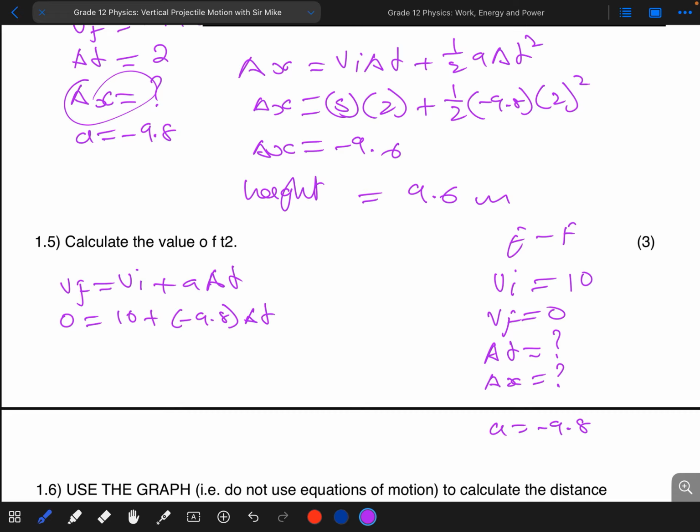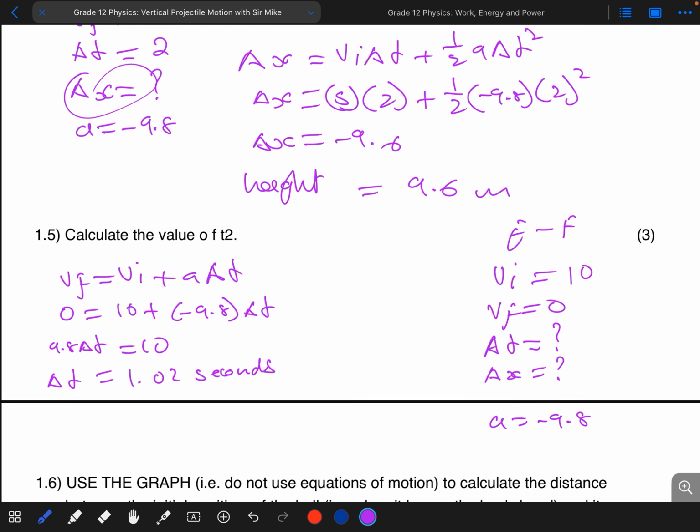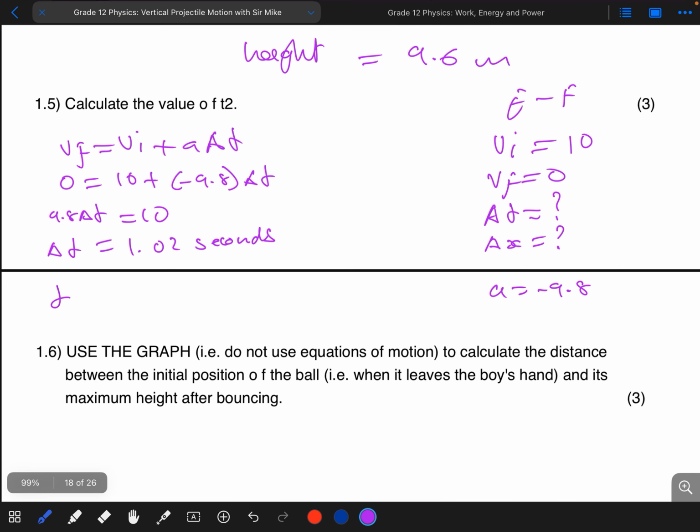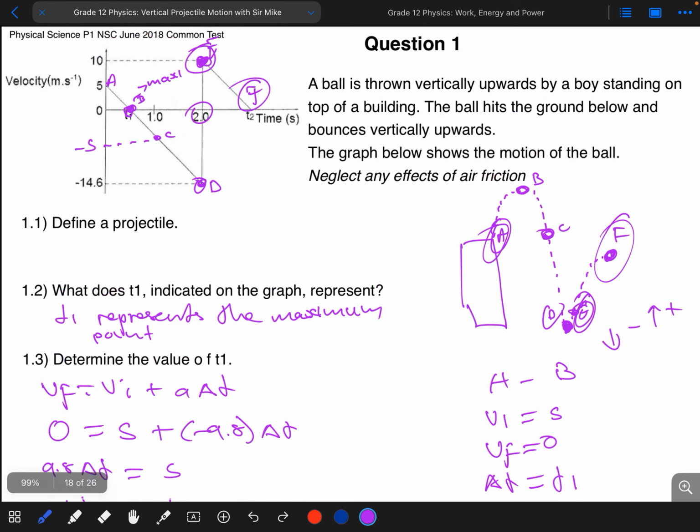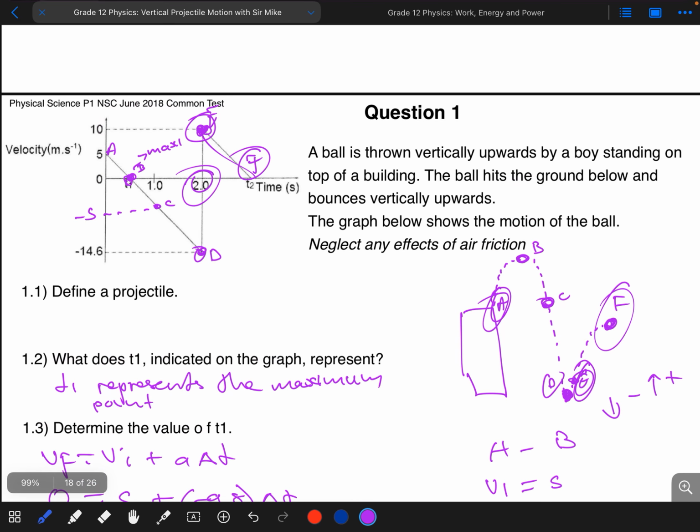I take this to the other side, so 9.8 multiplied by delta t equals 10. Divide that by 9.8, and you find delta t equals 1.02 seconds. To find T2, T2 would be equal to that 2 plus the time we found there.